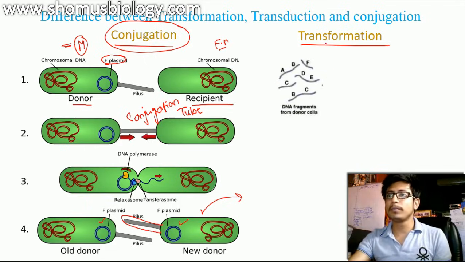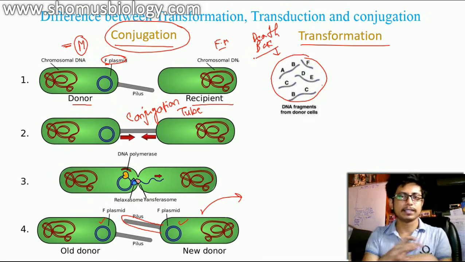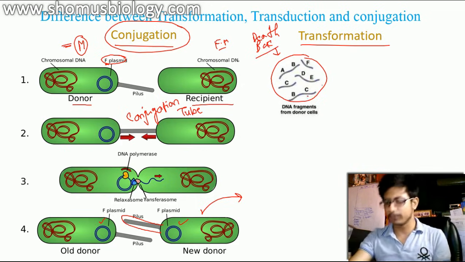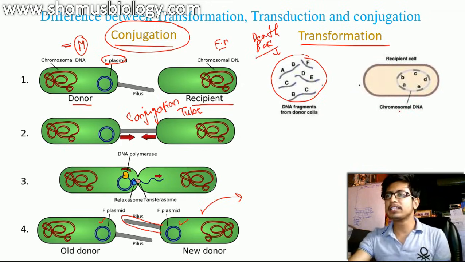While in transformation, we have fragments of DNA which are generated after the death of a bacterium. The bacterium is dead, the cellular components are destroyed, and the DNA fragments are floating in the environment. Another adjacent bacterium comes in and senses that there are fragments outside, so there is a possibility that some of these fragments may contain an antibiotic resistance gene.